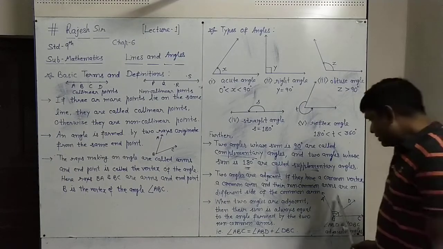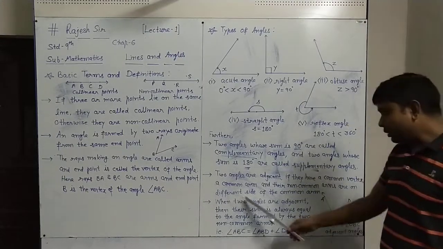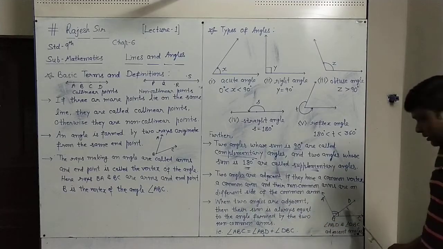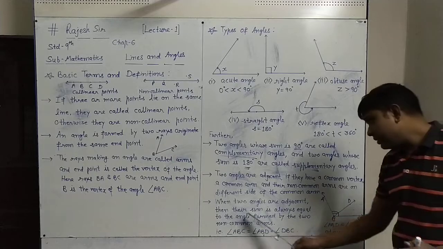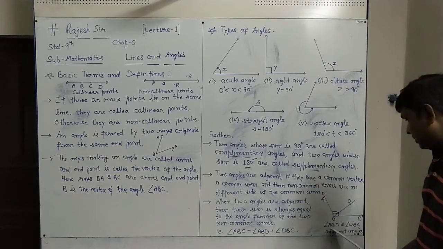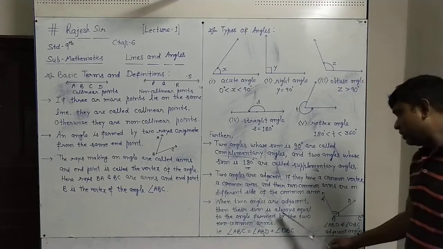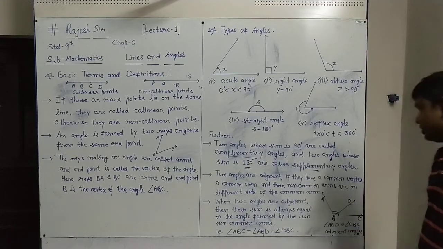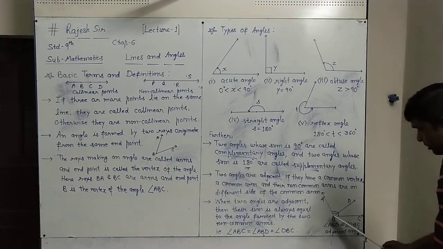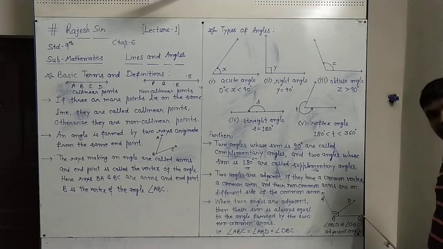Now one more thing about adjacent angles. When two angles ABD and DBC are adjacent like this, their sum is always equal to the angle formed by the two non-common arms. The two non-common arms are BA and BC, and the angle made by them is ABC. This will always equal the sum of these two adjacent angles.